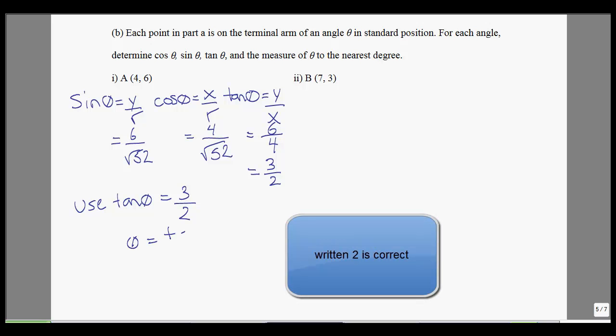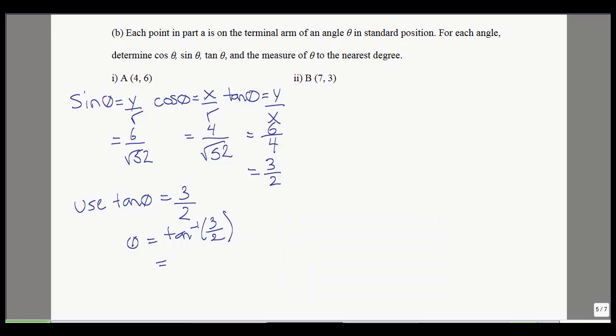Solving for theta, tan inverse of 3 over 2, which equals 56.3099, or approximately 56 degrees.